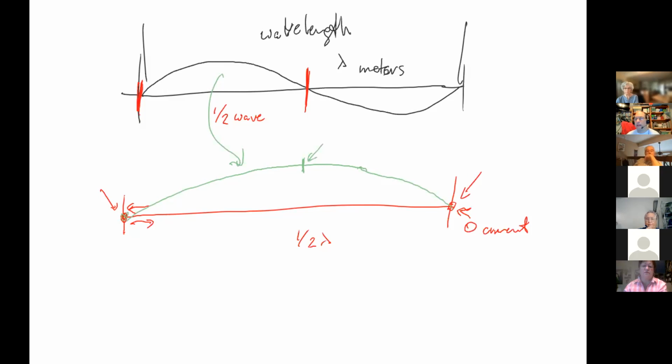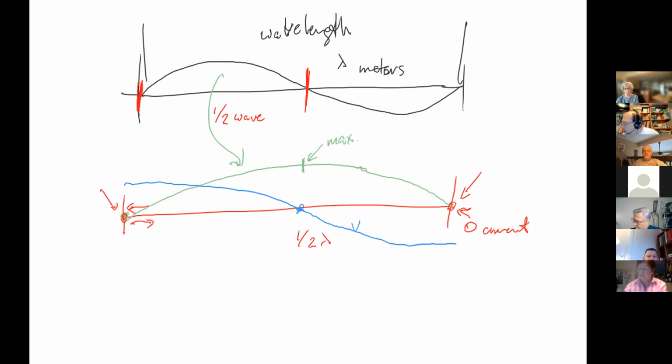Is it minimum or max? It has to be maximum. With antennas, with wires, as it turns out, my current and my voltage tend to be opposite. So my current maximum translates to approximately my voltage minimum. So that's my voltage. This is my current.